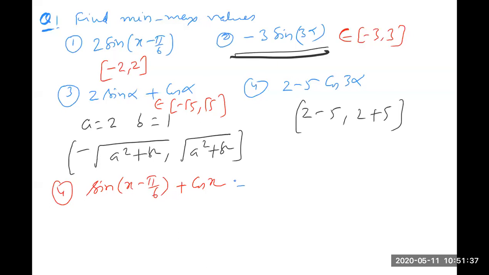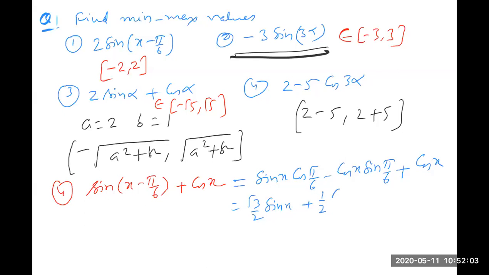This will be equal to sin x cos pi by 6 minus cos x sin pi by 6 plus cos x. So this is cos pi by 6, under root 3 by 2, minus 1 upon 2 cos x, plus cos x. So now A is equal to under root 3 by 2, B is equal to 1 upon 2.